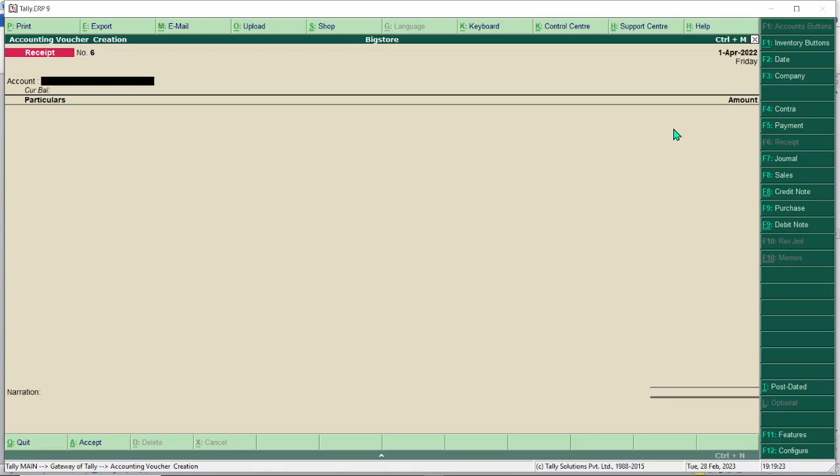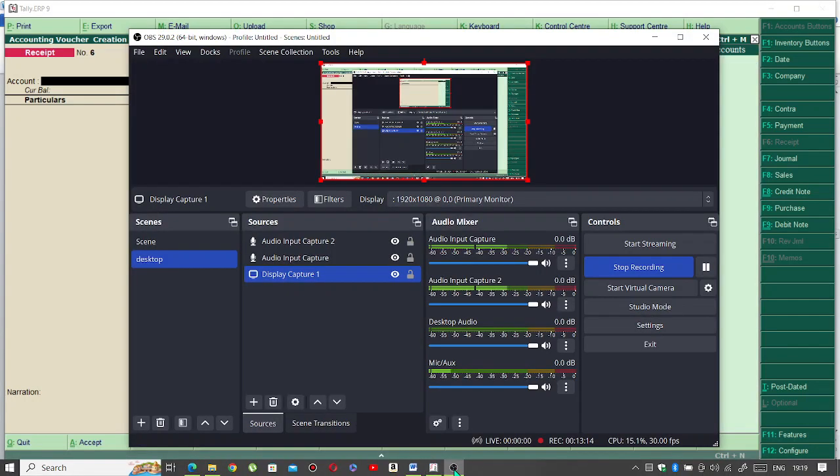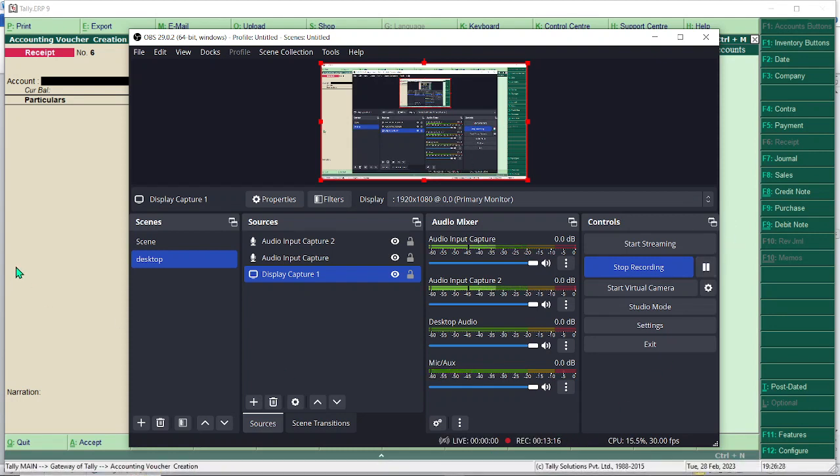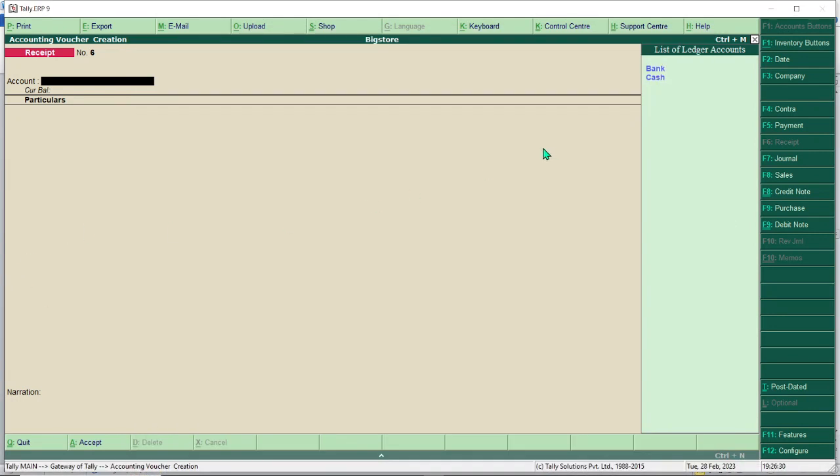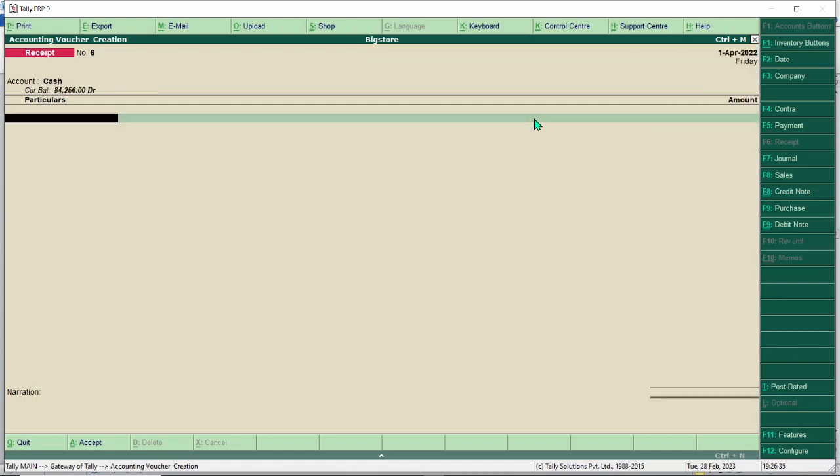Select accounting vouchers. So you can select cash.